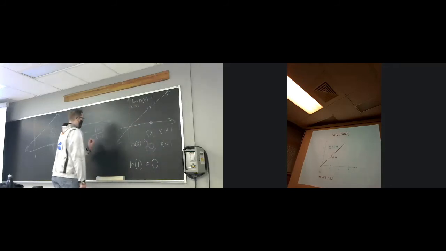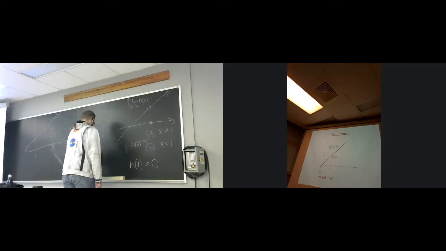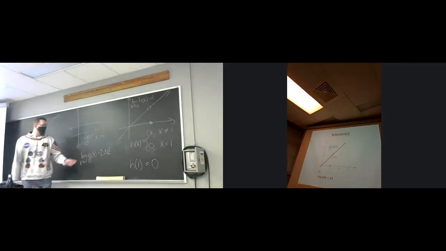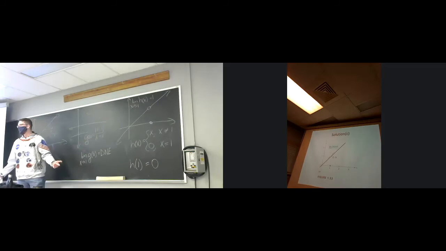This limit, let's call this g of x. This limit, as x approaches 1, does not exist. And interestingly enough, throwing in 1, our function doesn't exist either.